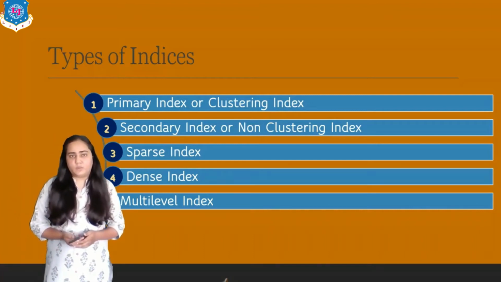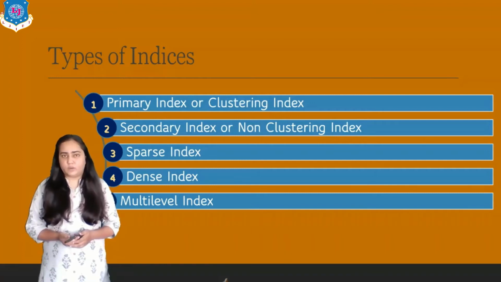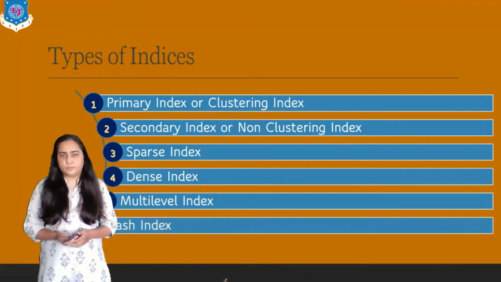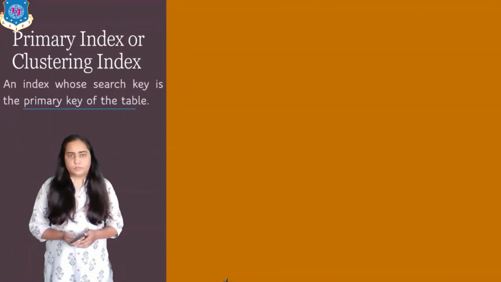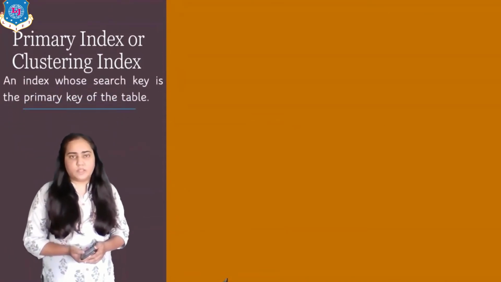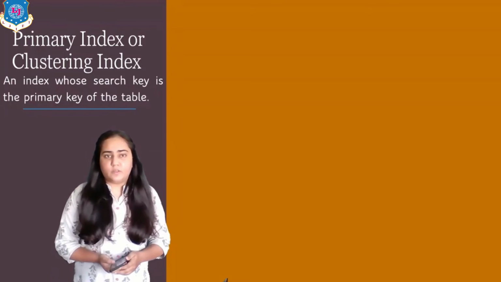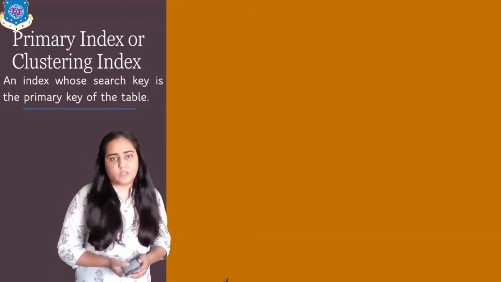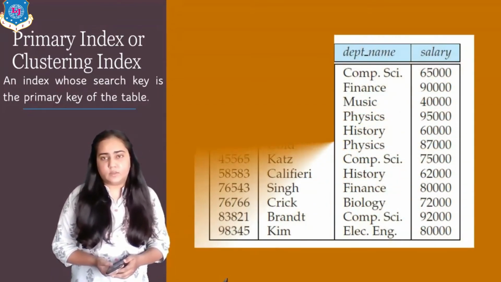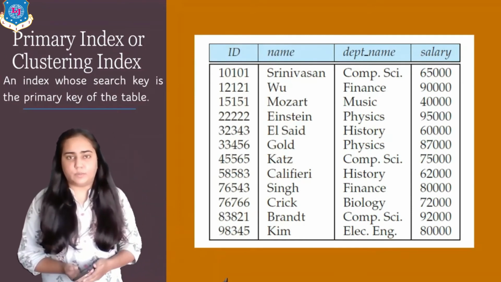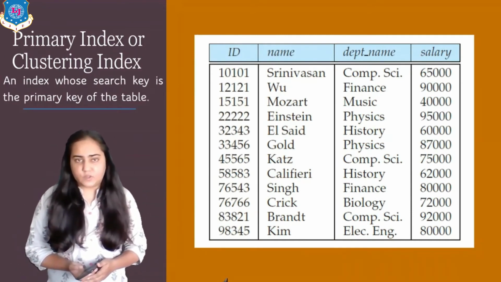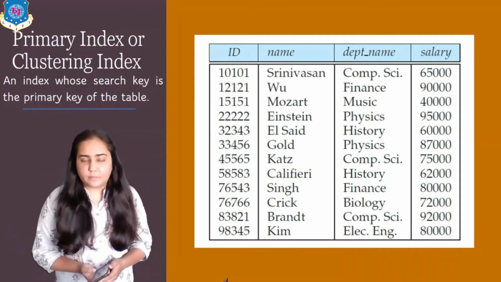So let's begin with the primary or clustering index. So primary or clustering index is where the search key is the primary key of the table. So if this is my table, and I can already tell from the table that the ID of the instructor is the primary key.